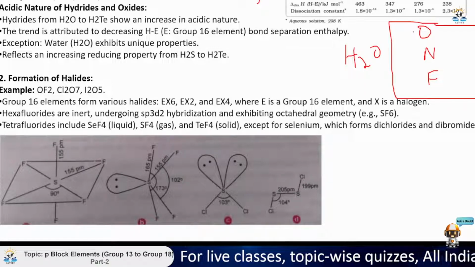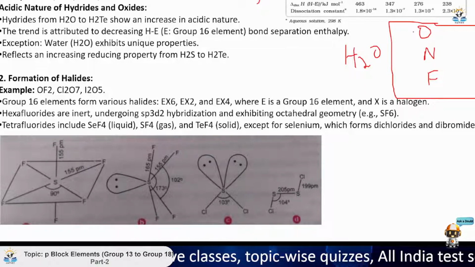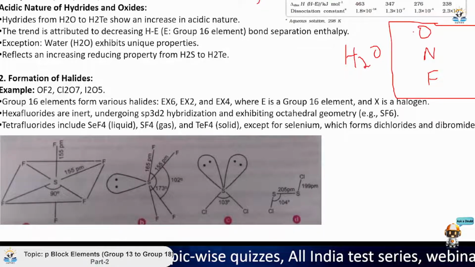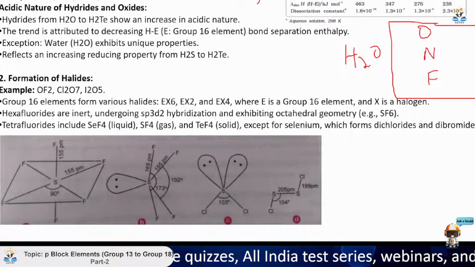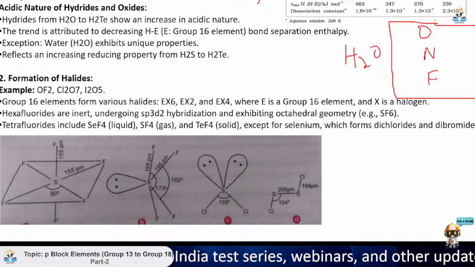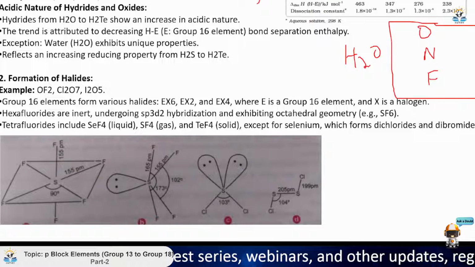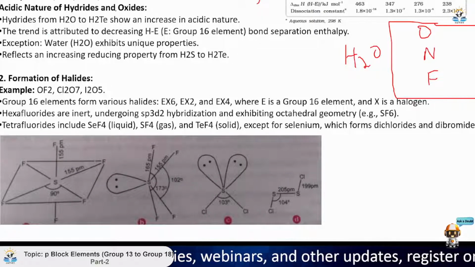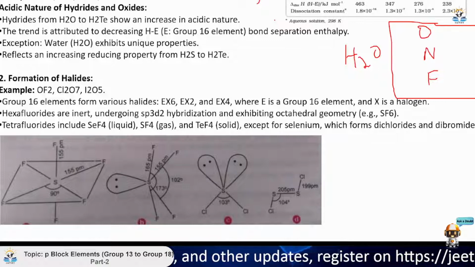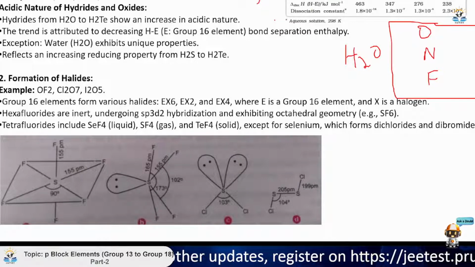Okay. Other than that, we see the bond angle reduces, which is a very common sense thing, and the distance between the bond and basically the dissociation energy is also pretty high, and dissociation constant increases as we go down. Okay. And a few more things: as we go from H2O to H2Te, there is an increase in the acidic nature of the hydrides.